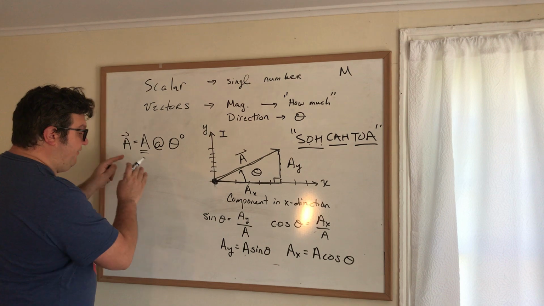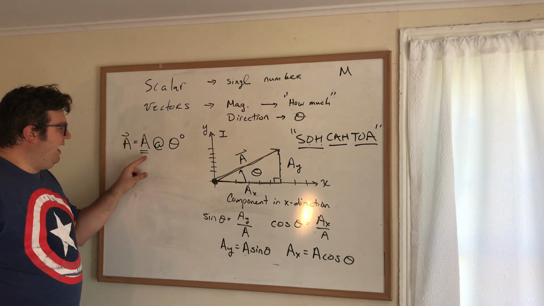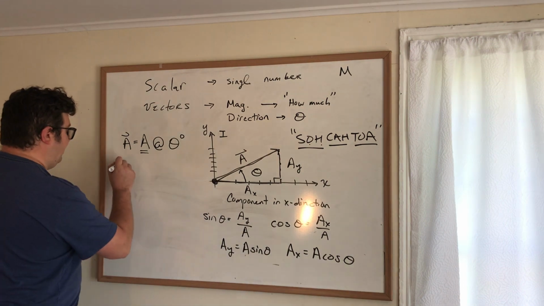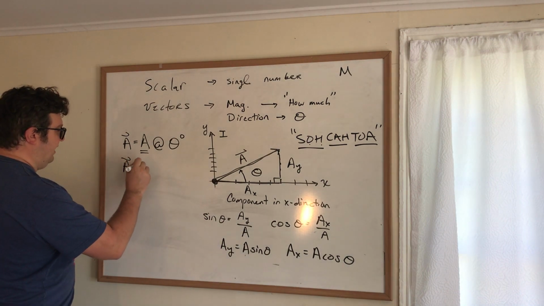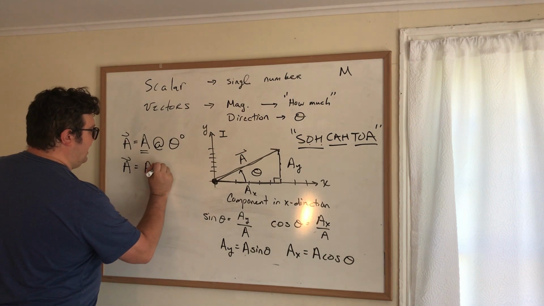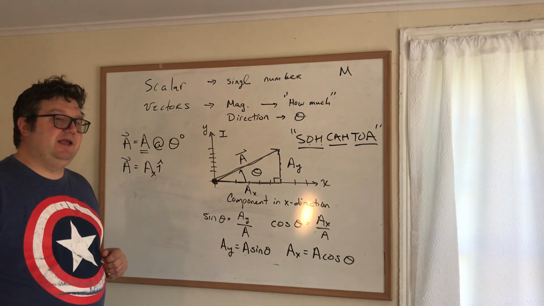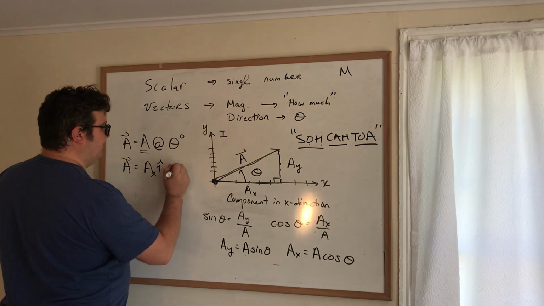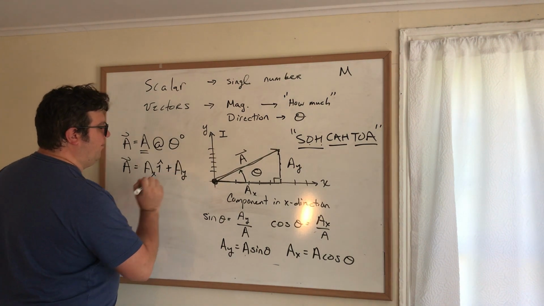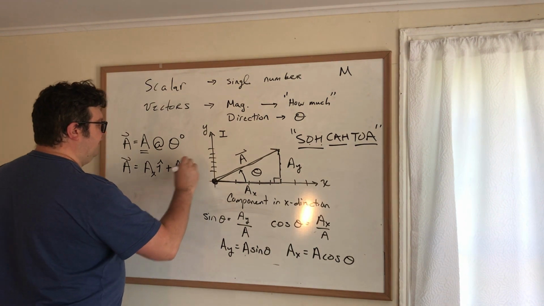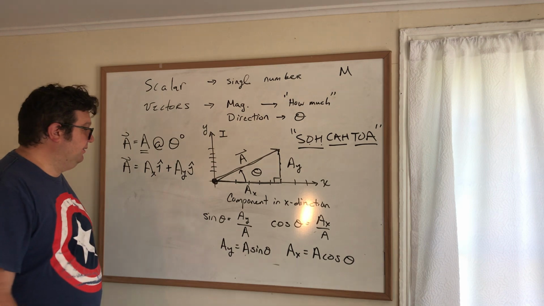I could write my vector as A at theta degrees, or I could write my vector as the component in the x direction times what it means to be in the x direction, plus the component in the y direction times what it means to be in the y direction.